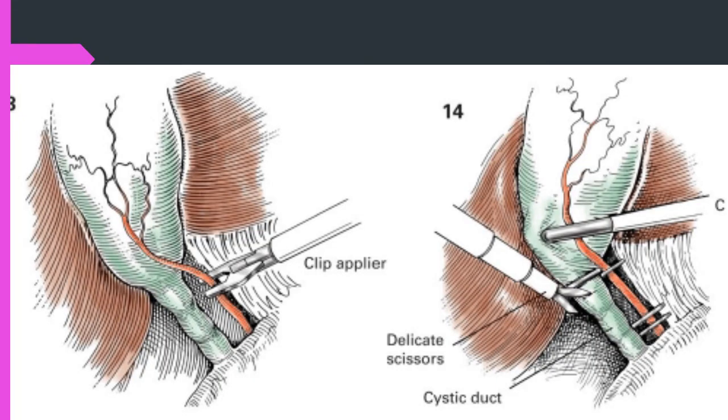Clips are now applied to the cystic artery, and only then do you apply it to the cystic duct. The reason for doing this is because once you apply the clips to the cystic artery, the gallbladder has lost its vascularity. And in case you want to manipulate the gallbladder by doing an on-table cholangiogram, or if there is any more dissection of the gallbladder and there is a chance of bleeding, it is completely nullified because the vessel is completely cut off.